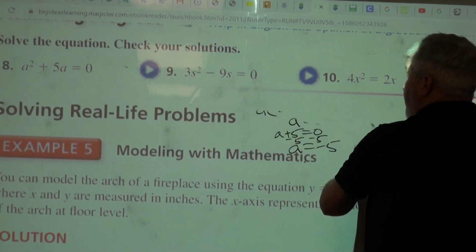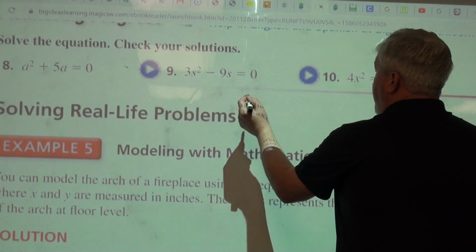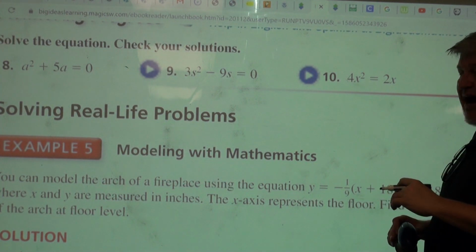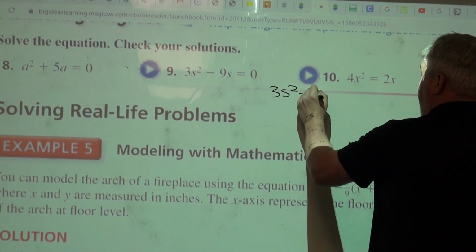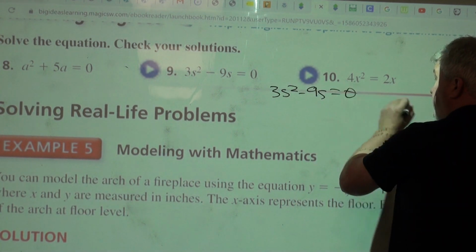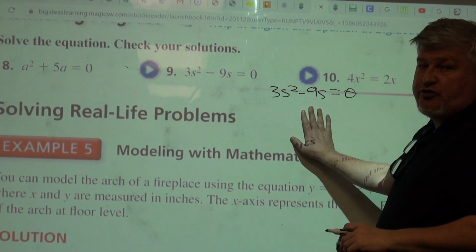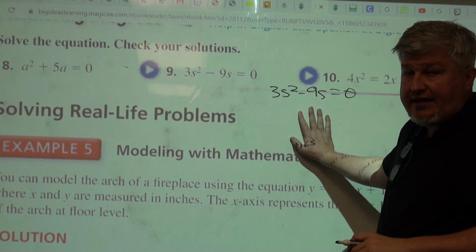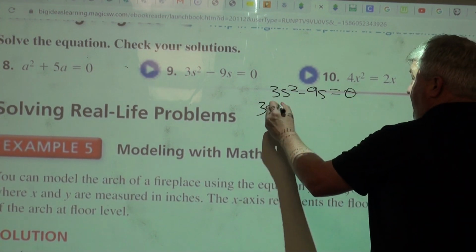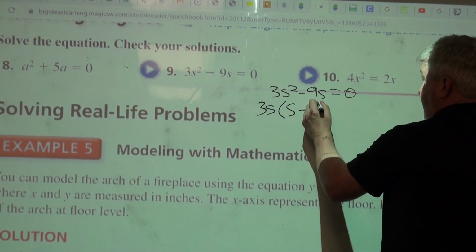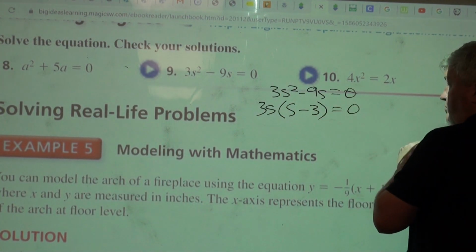All right, number 9, I have 3s squared minus 9s. 3s squared minus 9s equals 0. My common factors between those two are a 3 and an s. Pull out a 3 and an s. That leaves me with s minus 3 equals 0.